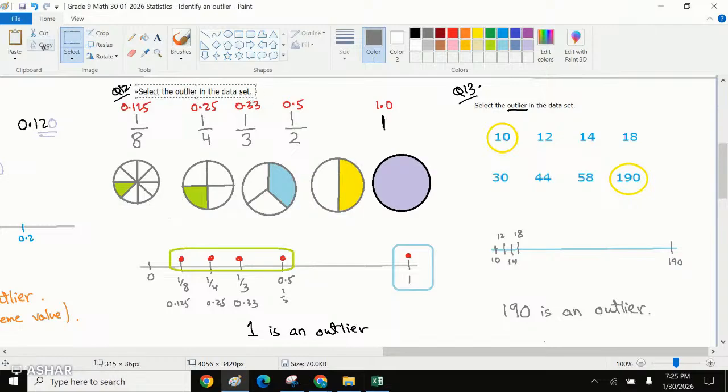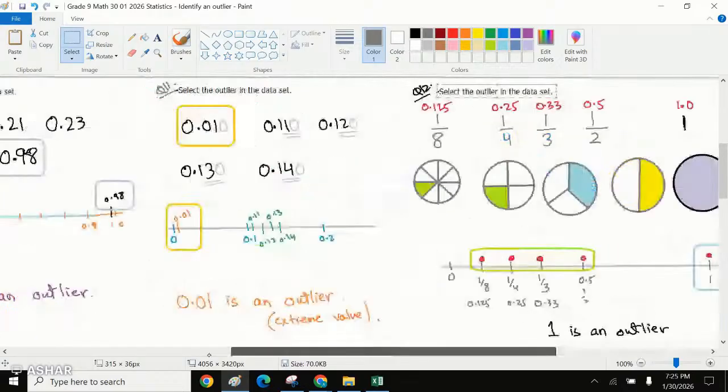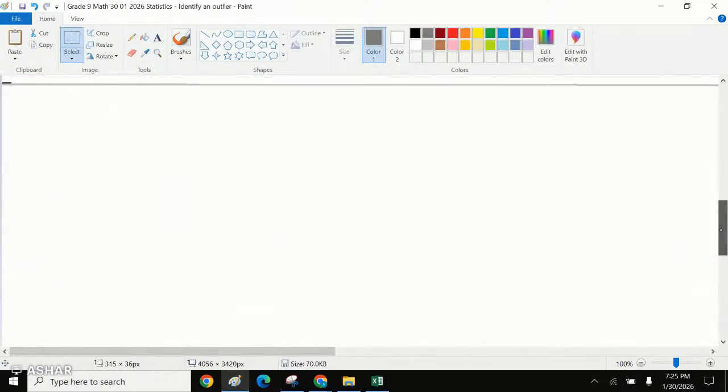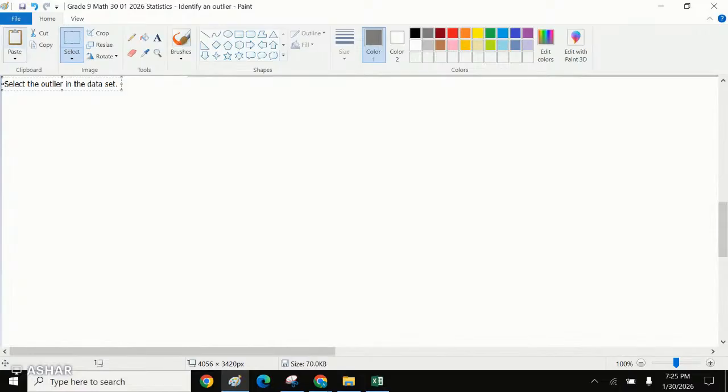Let's say we have negative numbers. Okay. Let's pick up some negative numbers. Let's see what we can do with negative numbers. If we have the numbers minus 36, minus 12, minus 10, minus 4, 0, and plus 2.